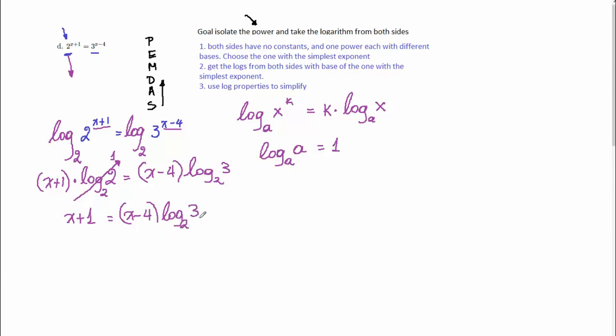So now I'm close to my solution, but still I haven't managed to get rid of all the logarithms, and sometimes this is not possible, as in this case. So what's the next step? The next step is to use distributivity in order to make sure that I don't have any parentheses. And in order to get rid of the parentheses here, what you need to do is to apply distributivity.